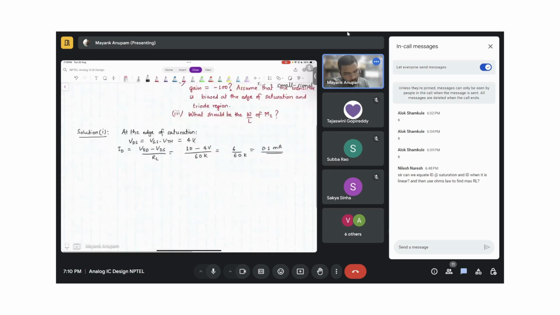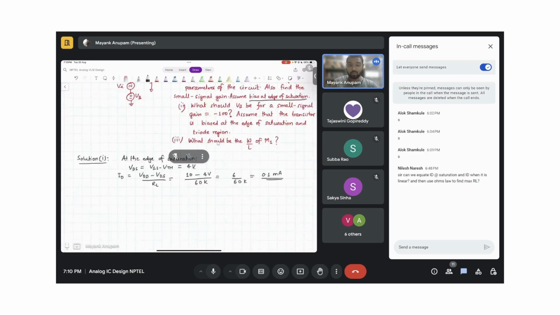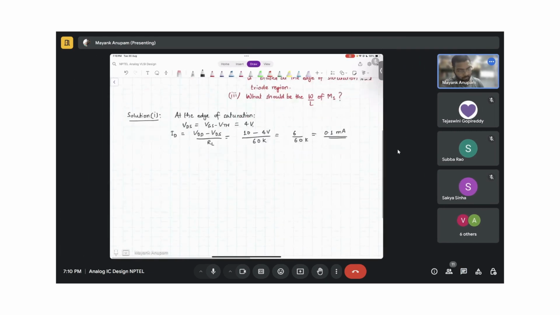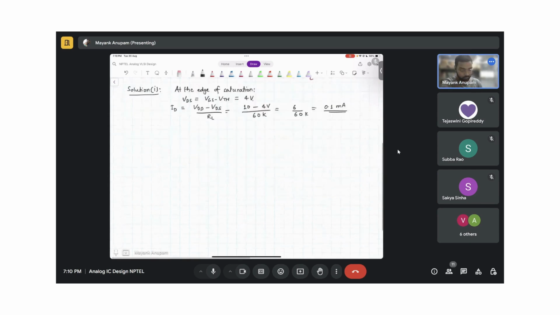Now I want to find out the small signal parameters of this MOSFET. So how do you find out the small signal parameters of a MOSFET? What are the small signal parameters of a MOSFET? Transconductance. Yeah, one second.